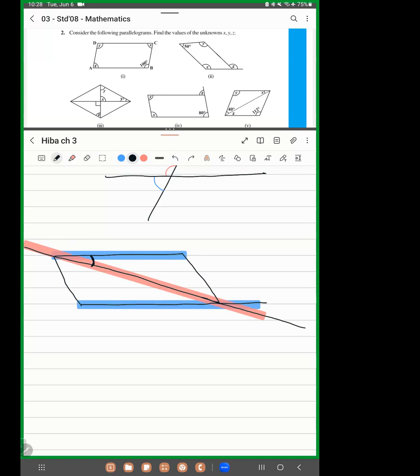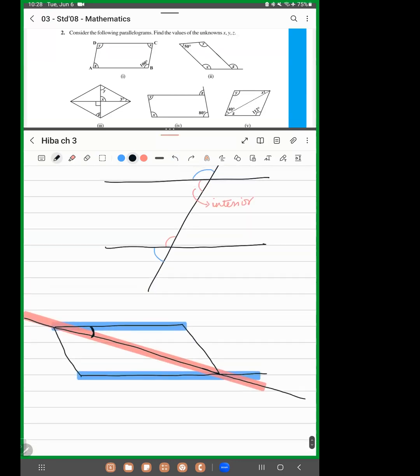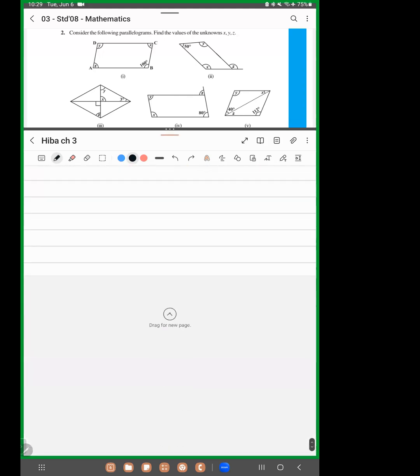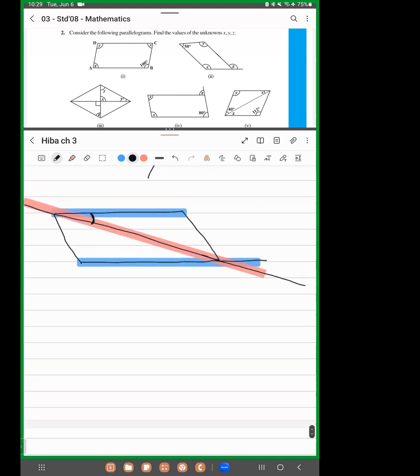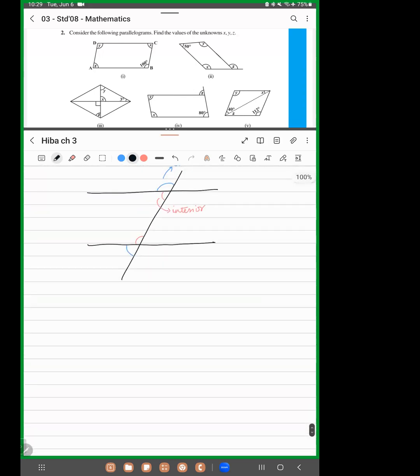This and interior angles. No, wait a minute. I did something wrong. Or I should just make it like this. Wait a minute. Okay.